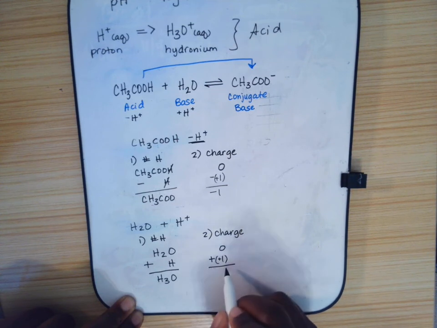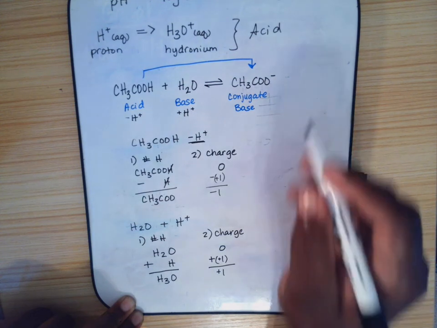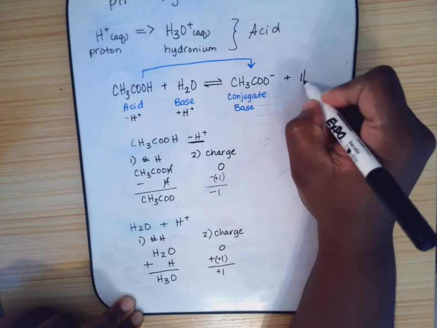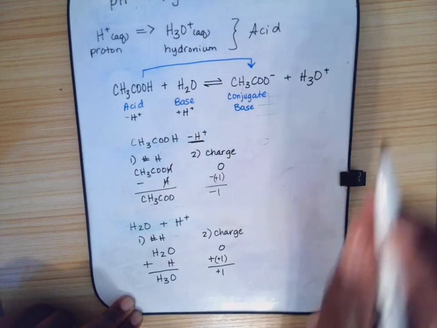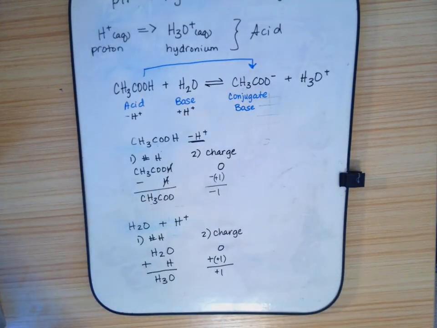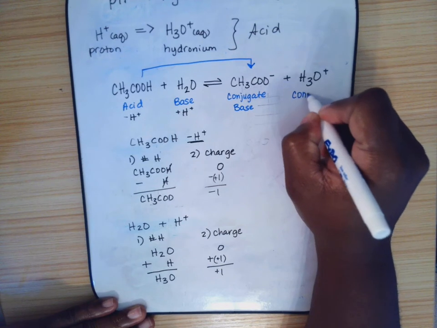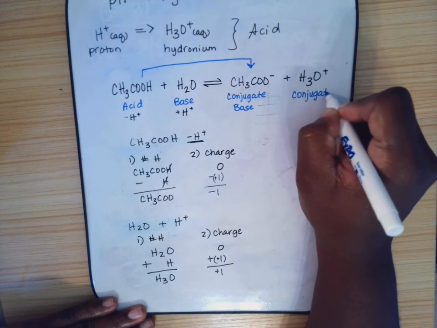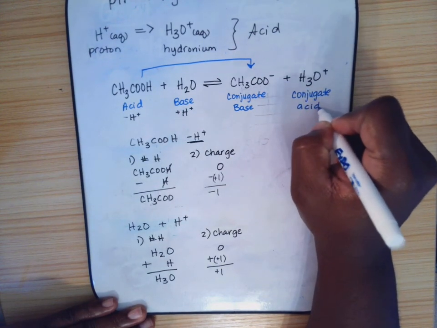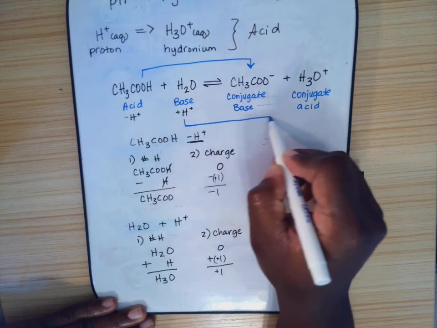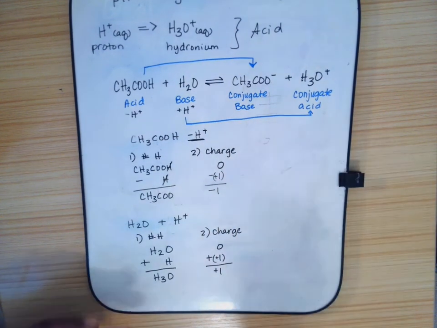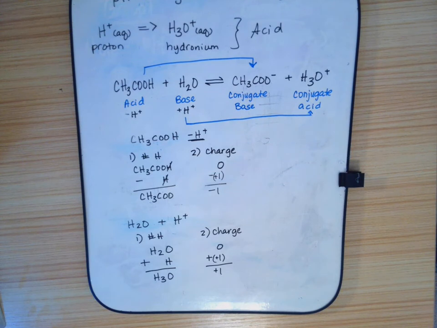So 0 plus a +1 gives you a +1. Combine those things, and you'll end up with H3O+. So when that water gained the proton, it formed what was called hydronium, which represents the conjugate acid. Again, your conjugate acid-base pair differ by only one proton. So the acid loses a proton to form the conjugate base. The base gains a proton to form the conjugate acid.